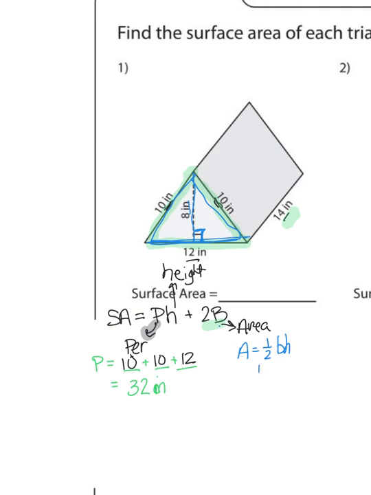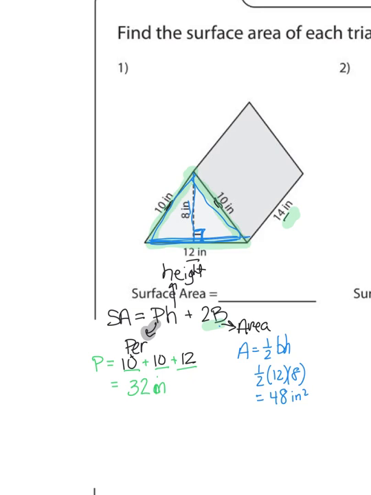So that means I would do a half times 12, which is the part where the height of the triangle is sitting on, times 8. And that equals 48, right? Yeah, inches squared. So that's your big B for your formula.